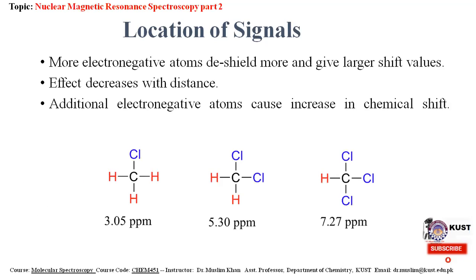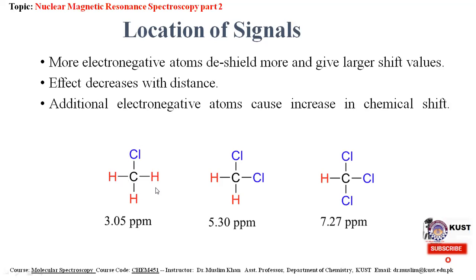For example, this is the example of chloromethane, dichloromethane and trichloromethane. Here you can see when one electronegative element is attached, it de-shields these three protons and shifts the chemical shift.